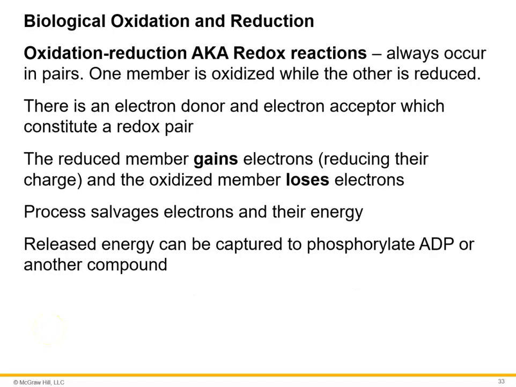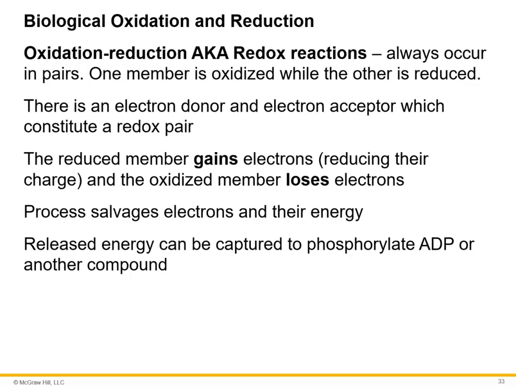All right, when we talk about the transfer of electrons during chemical reactions, we have to talk about oxidation reduction reactions. These are also called redox reactions, okay? These are always going to occur in pairs. One member of the reaction is going to be oxidized while the other member is simultaneously reduced.